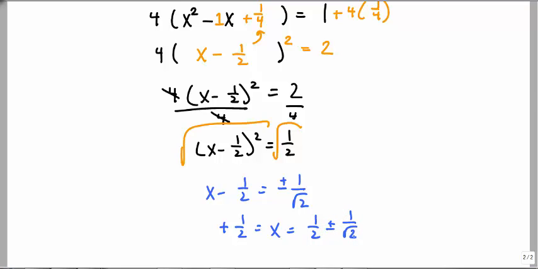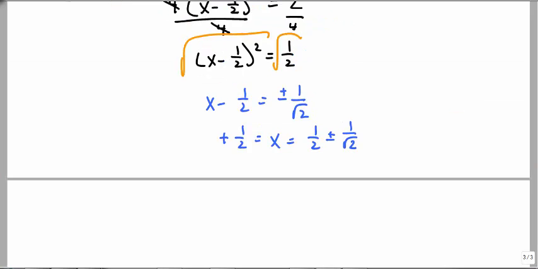Now if I remember right, this is not what my solution looks like. It's getting close though. So let's go ahead and simplify this by rationalizing the denominator on this second fraction. Now rationalize means to get rid of the radical by multiplying it by itself.